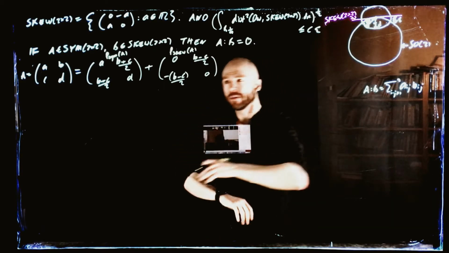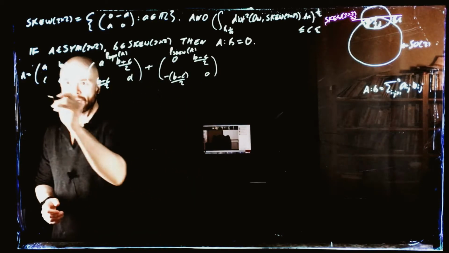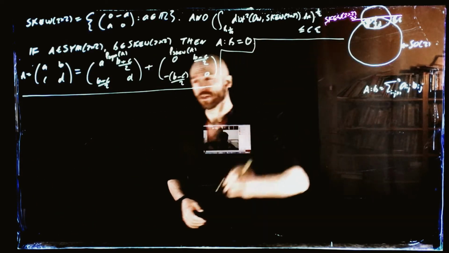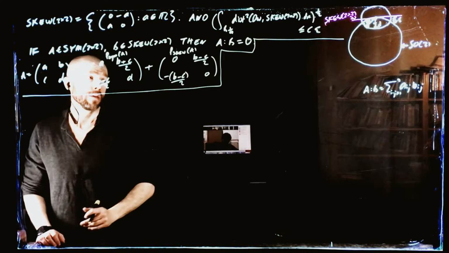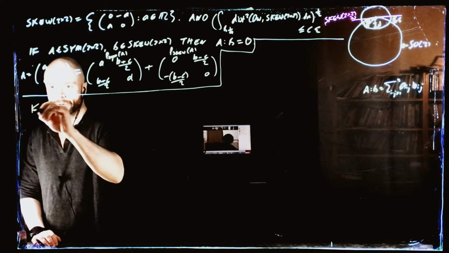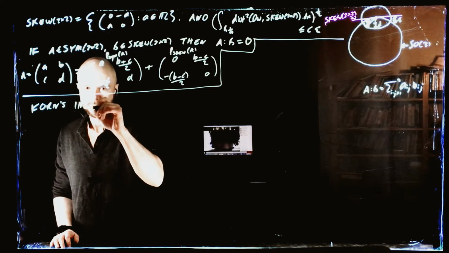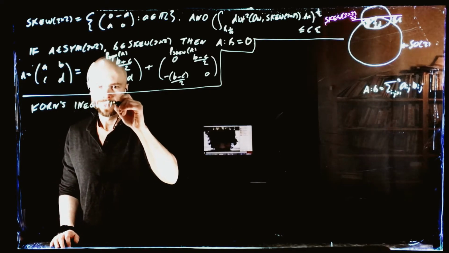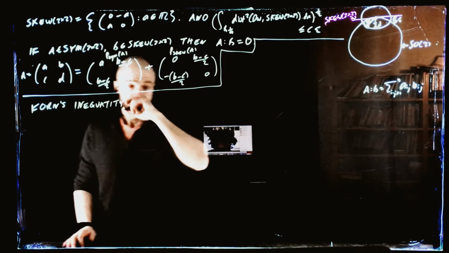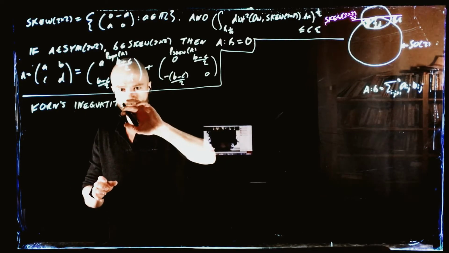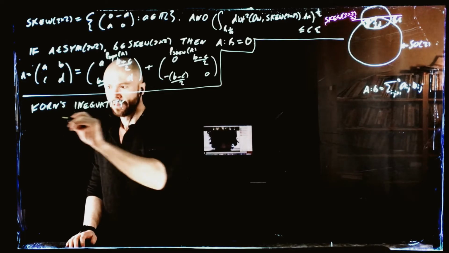Now there's a very strong and powerful inequality, which I will ultimately prove, but only a special case initially, called Korn's inequality. It's in n by n. I'm going to do this in 2 by 2, of course, but Korn's inequality is as follows.